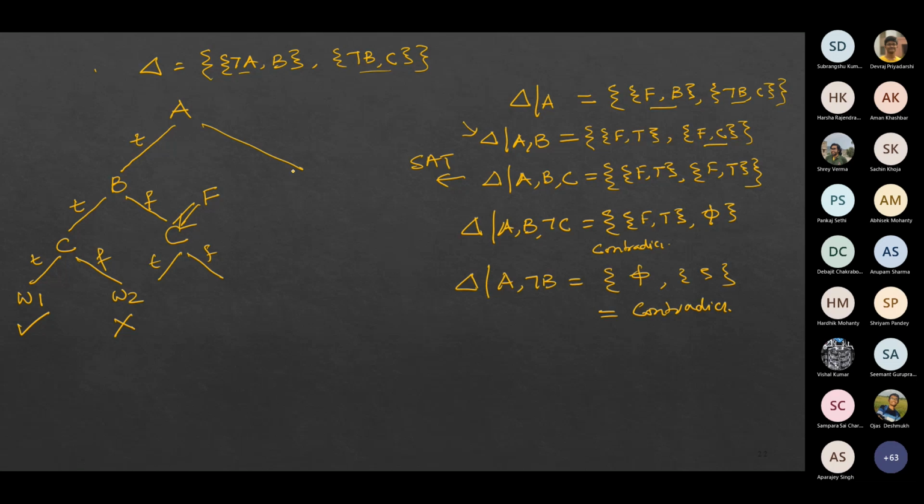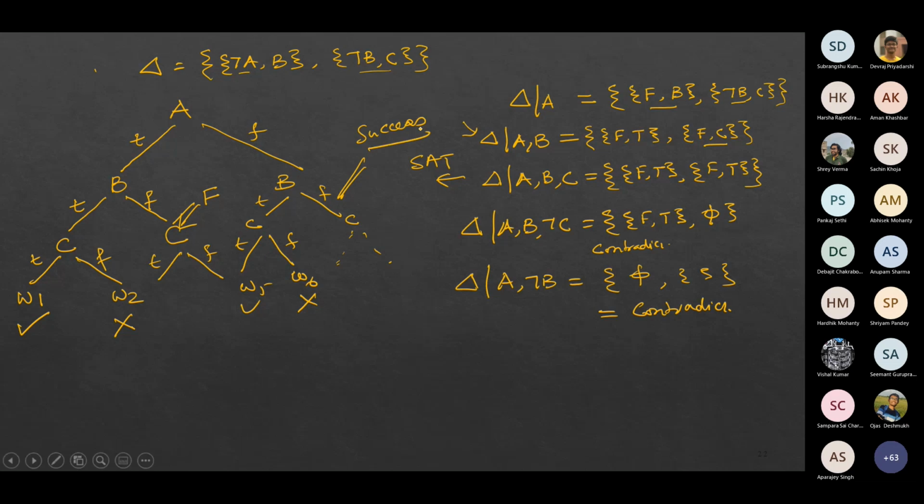And likewise, you can check that we can assign a value F to A, and then expand it further, T and F. For C, we have this path to be satisfied and this path to be not satisfied. And here I do not really need to assign any value to C. Here we'll be getting a success.